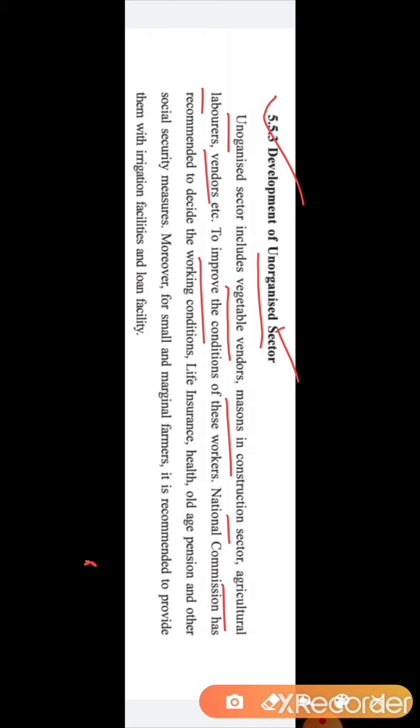To improve the condition of these workers, who are not getting a fixed salary and as a result have to face poverty, the National Commission has suggested deciding the working conditions, life insurance, health, old age pension and other social security measures.